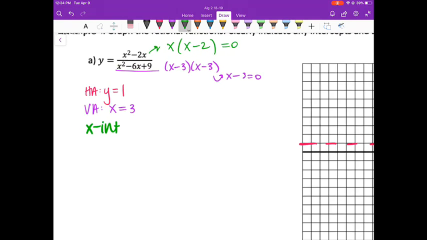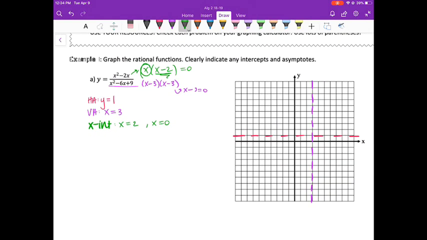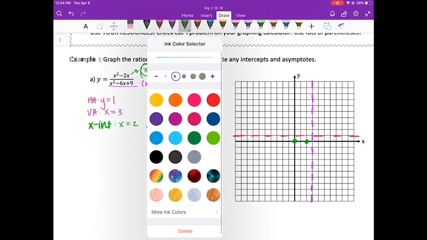Setting that equal to 0, we get positive 2 from that factor. And since our GCF included a variable, we also have x equals 0. We just got 2 points without doing a whole lot of work. So x equals 0 and x equals 2. Okay, not super helpful. They were both on the same side of the vertical asymptote, but that's okay.